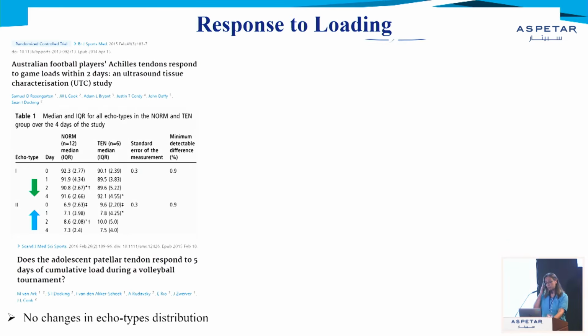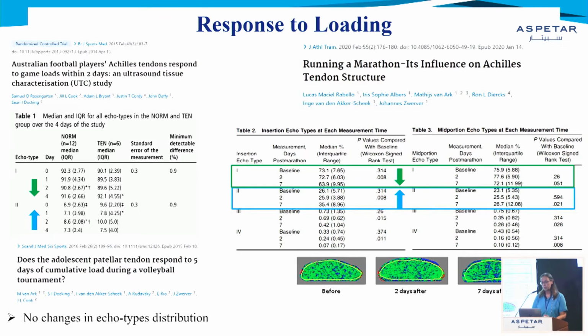But other studies, when comparing the patellar tendon of teenagers, observed no difference in echotype distribution during a 5-day volleyball tournament. They calculated the amount of jumps, the hours, the matches, everything, and there was no change. A more recent study observed the Achilles tendon of marathon runners.